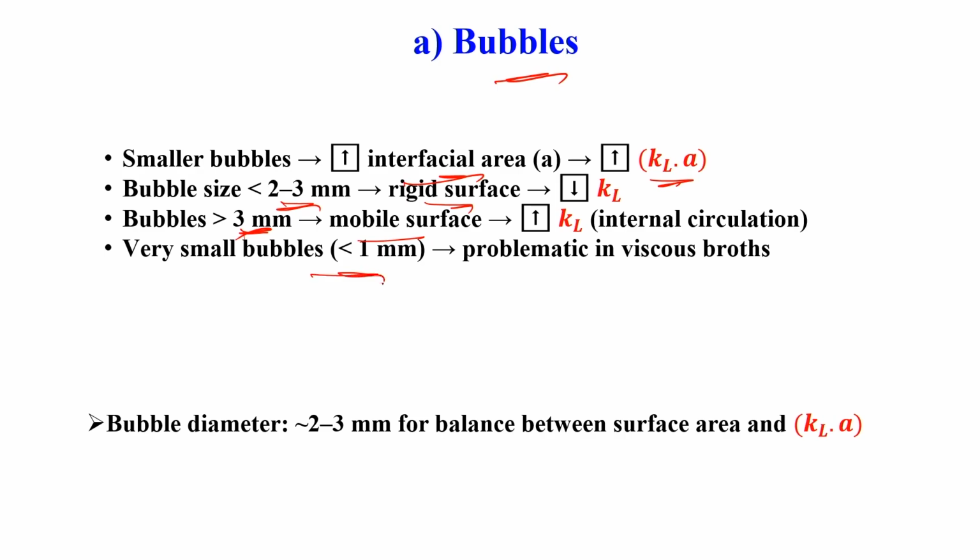If the bubble size is very small, to increase the area further, it becomes problematic in viscous broth, or becomes a kind of nuisance in the bioreactor. So the typical recommended bubble diameter is 2 to 3 millimeter to balance both the surface area and the mass transfer rate.